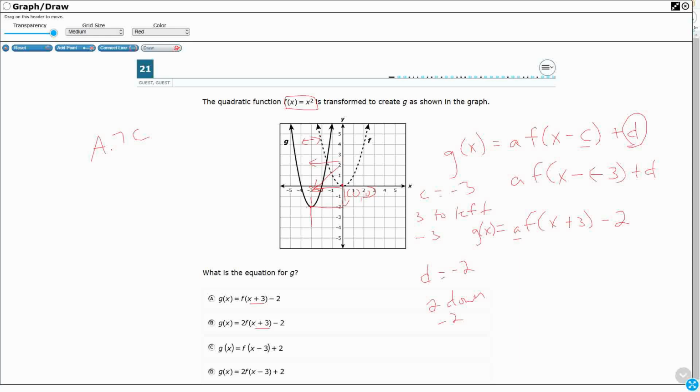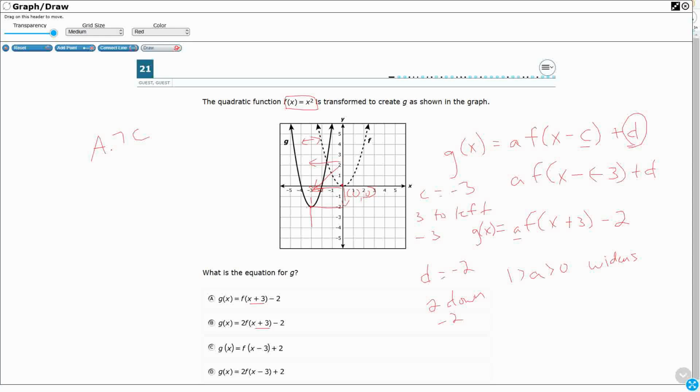Now, I still need to think about this a. Has it narrowed or stretched? And in this case, it has narrowed. That's going to deal with my a right here. Now, what happens is, if the a is greater than 0 but less than 1, so it's a decimal, it ends up widening.